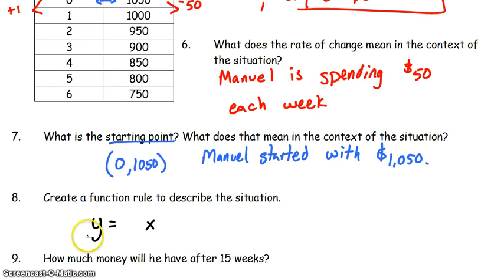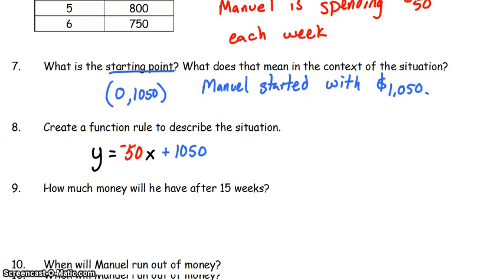And all of that came from your rate is what you multiplied x by. So here, I'm going to write my function rule. My rate is negative 50. So I'm going to say y equals negative 50 times x. My starting point was 0, positive 1,050. Because it's positive, I'm going to add 1,050. That is how I can write a function rule if I know the rate and I know the starting point.